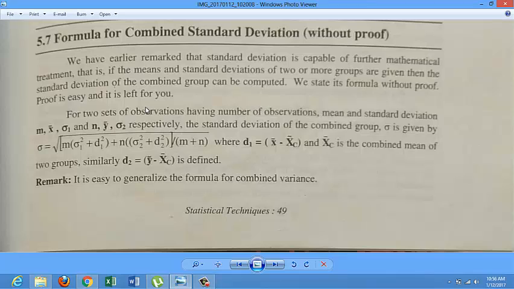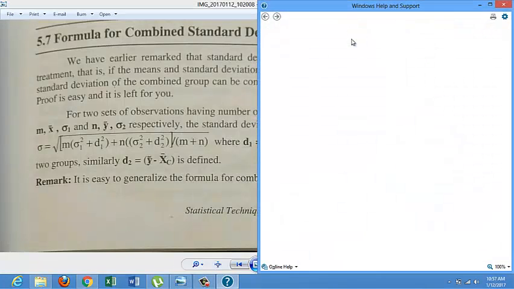To find the standard deviation for the combination of these two data sets, this is the formula, and in your book it is mentioned that the proof is not required for the combined standard deviation formula.